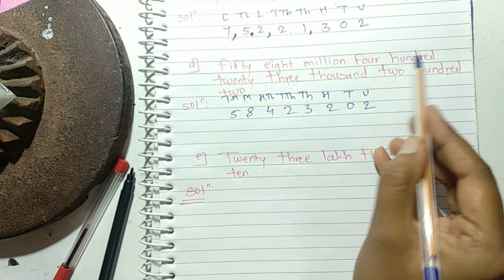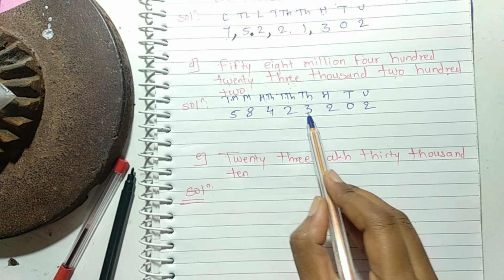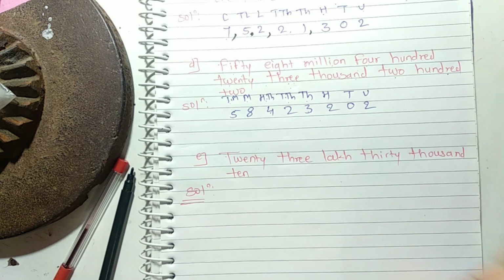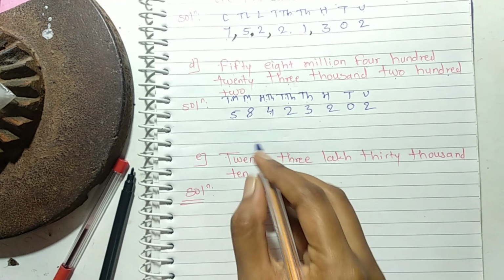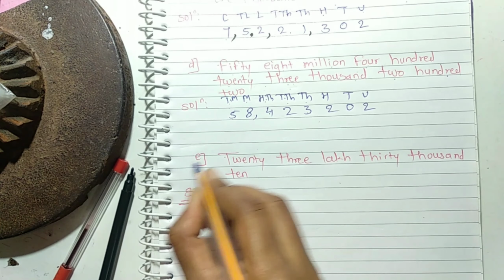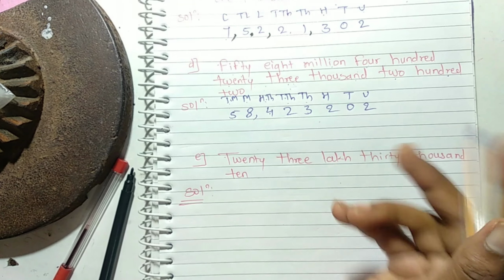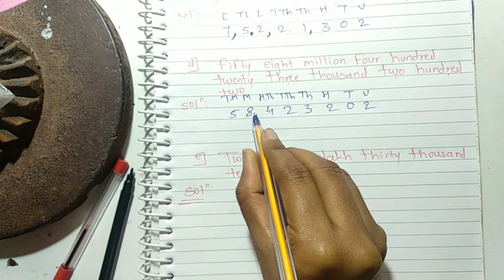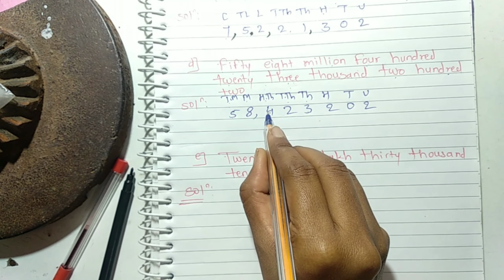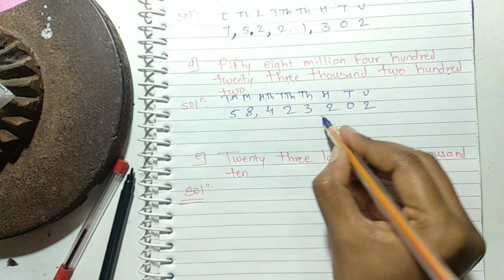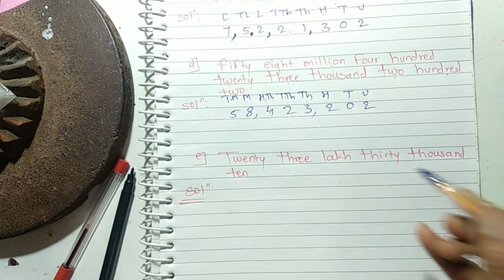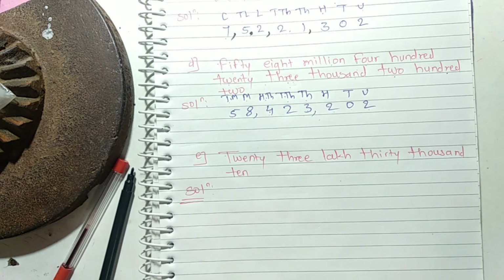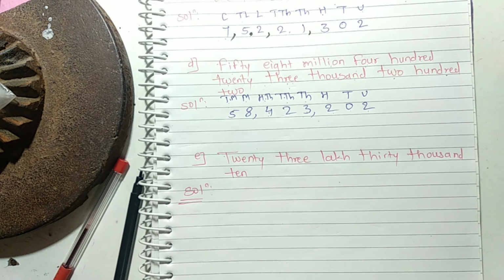So 423,000, then 202. After million we make a group of 3's. Again here 423, then 202. I think you understood this example.